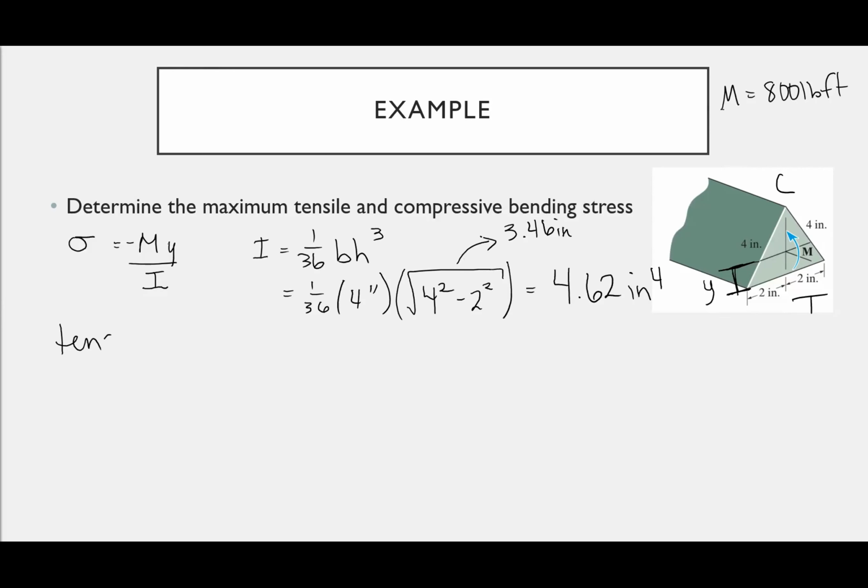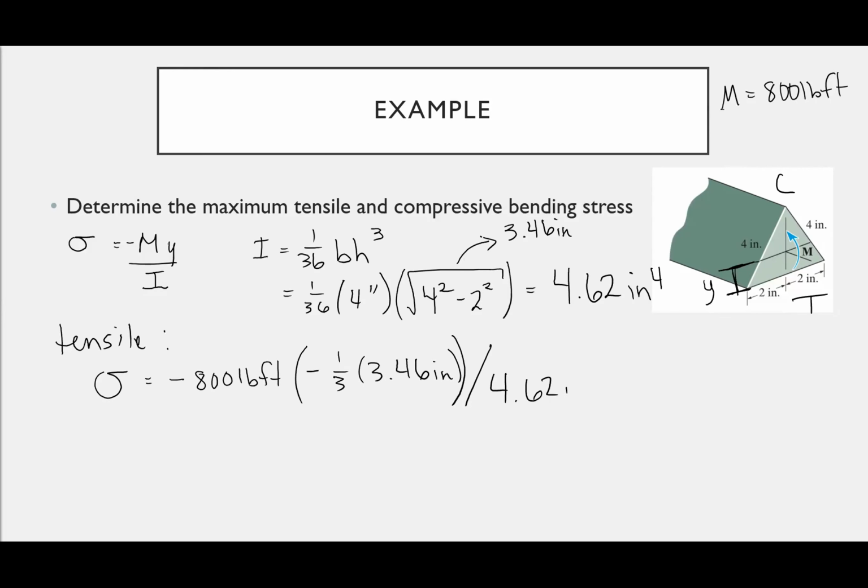So for tensile, stress is going to be negative 800 pound-feet. Y is a negative value because we're measuring it downward. And it is 1/3 of 3.46 inches, divided by 4.62 inches to the 4th. That should give us a negative 4.8. Oh, no. Negative and negative is a positive.